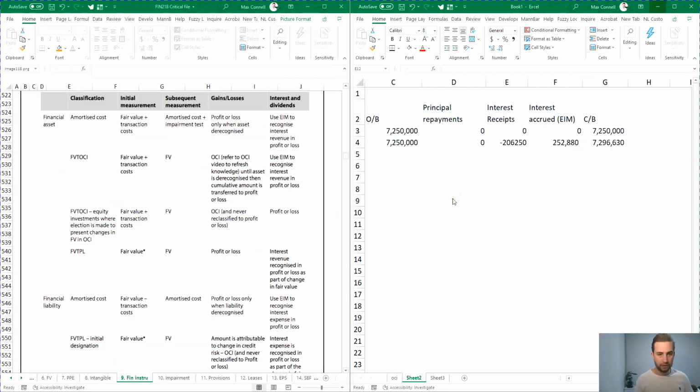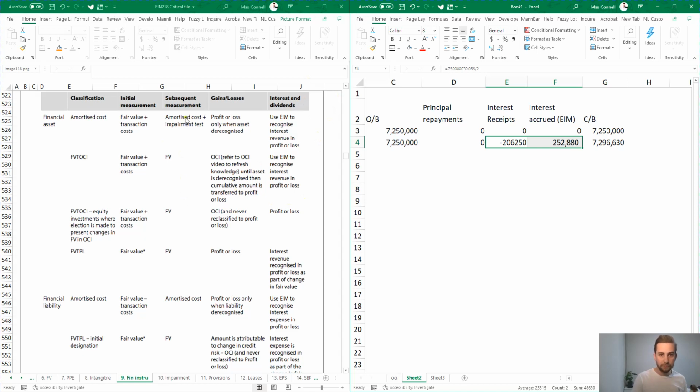Okay, if we go back to the FIN critical file just to check off where we're up to. What we've covered so far is the initial recognition. So we've ticked that off, so we put it at 7.25 million. So we can tick off this column here, the initial measurement column. We've also ticked off interest and dividend because we've accrued interest under the effective interest method, so we can tick off that column as well.